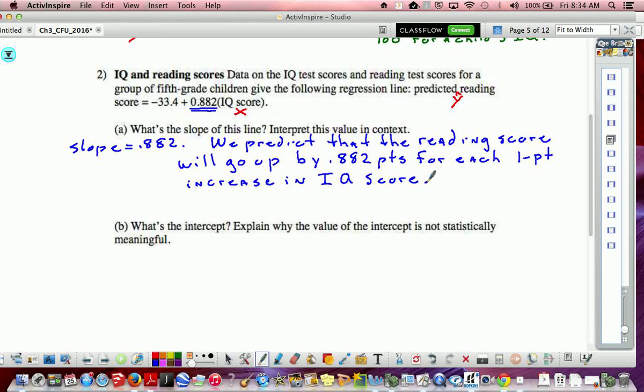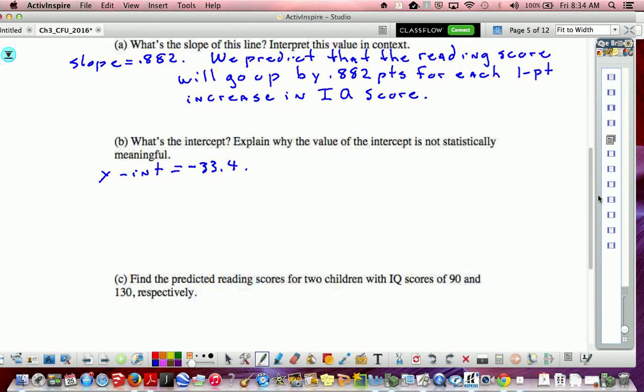All right, next one. B says, what's the intercept? Basically, what's the y-intercept? So my y-intercept is equal to -33.4. Explain why the value of the intercept is not statistically meaningful. Well, what does this actually mean?